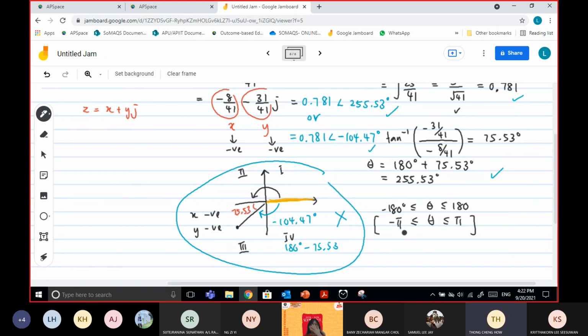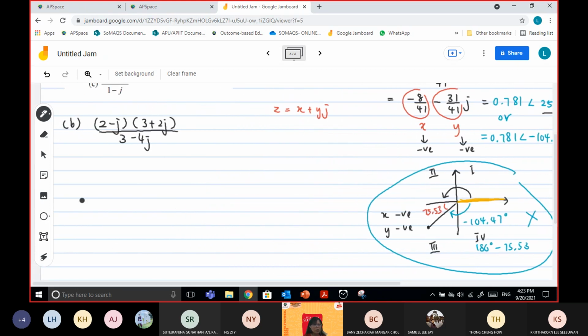So the best is to take the negative one for the third and fourth. It's very common that if you look at the books, when it comes to the third and fourth quadrant, they always present a negative angle. Of course, I'm not saying that this is wrong. It just does not follow the principal value. Okay, Miss. Thank you.